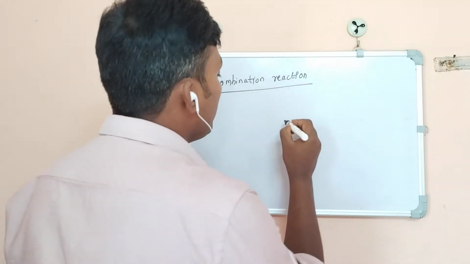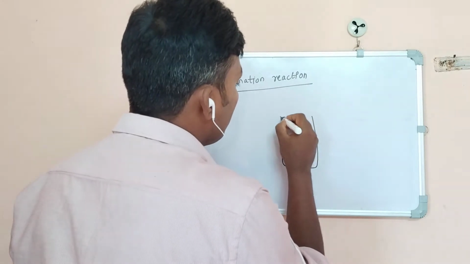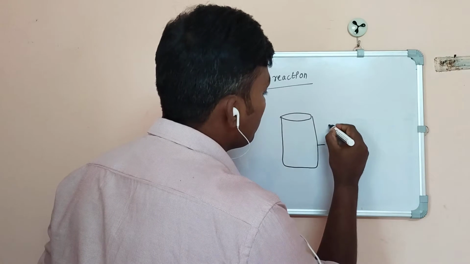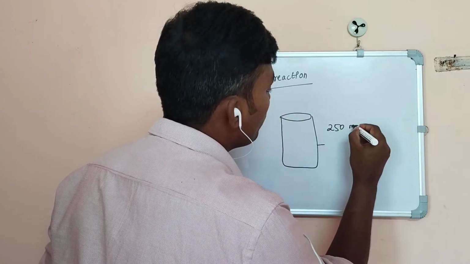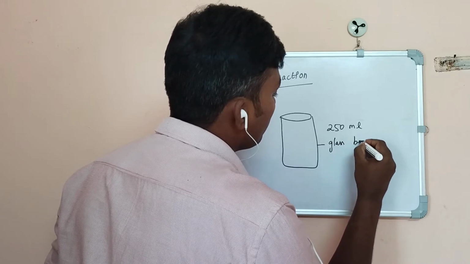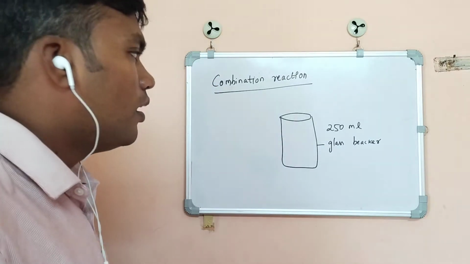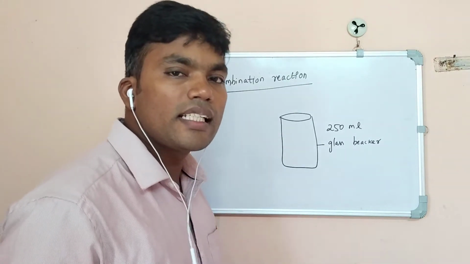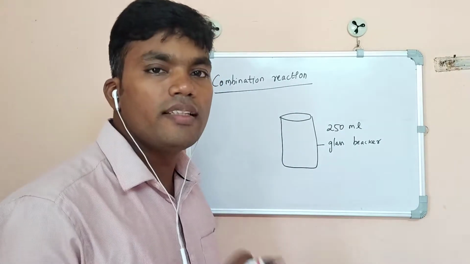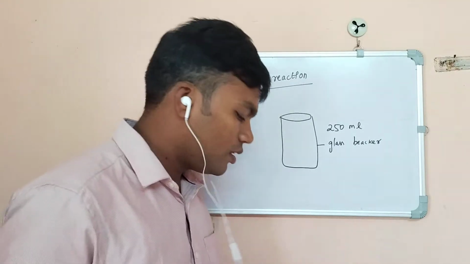In your school laboratory you can see a glass beaker, for example a 250 ml beaker. While doing this experiment in your school, you need to perform it very carefully to understand the concept behind combination reactions.